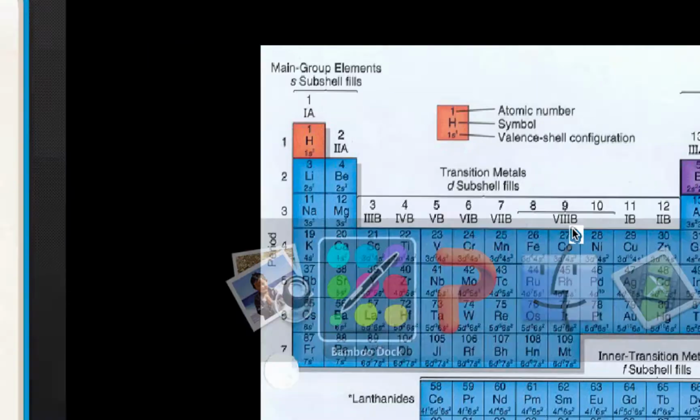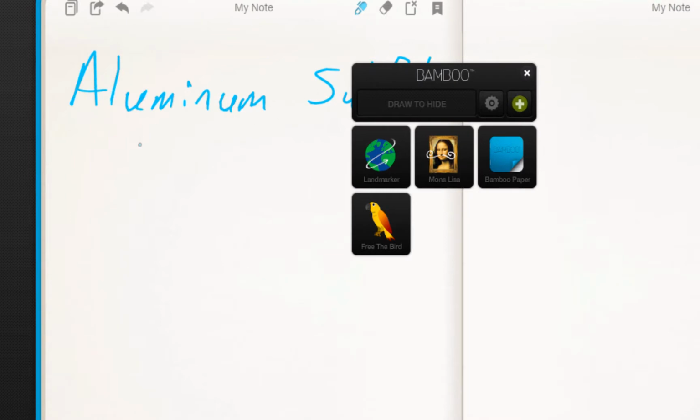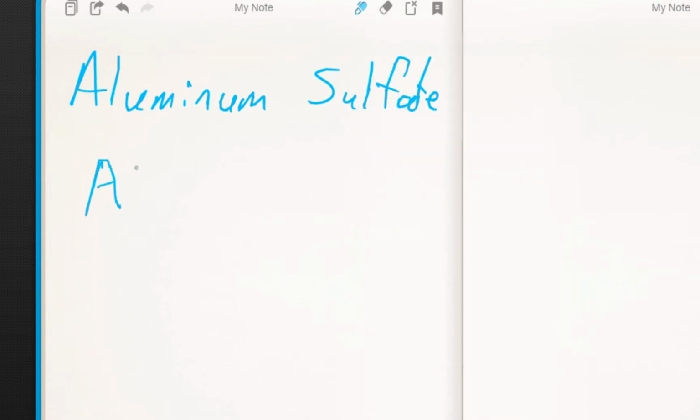So if we go back and look, aluminum sulfate is Al. That's got a +3 charge. Sulfate is SO4 with a -2 charge. What we're supposed to do is crisscross the charges. 3 comes down, lives here. The 2 comes down, lives there.